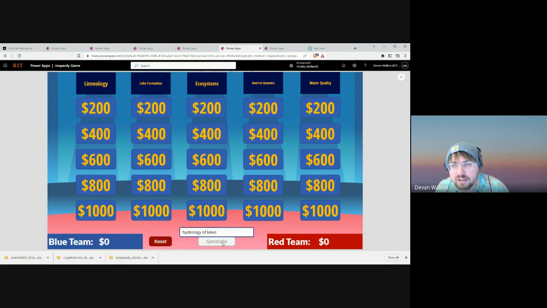And here we go. It was still able to generate pretty reasonable categories: limnology, lake formation, ecosystems, nutrient dynamics, water quality. So definitely a cool and interesting use. This is just to demonstrate how we could use AI to really transform the ways we generate exciting and engaging content for students.